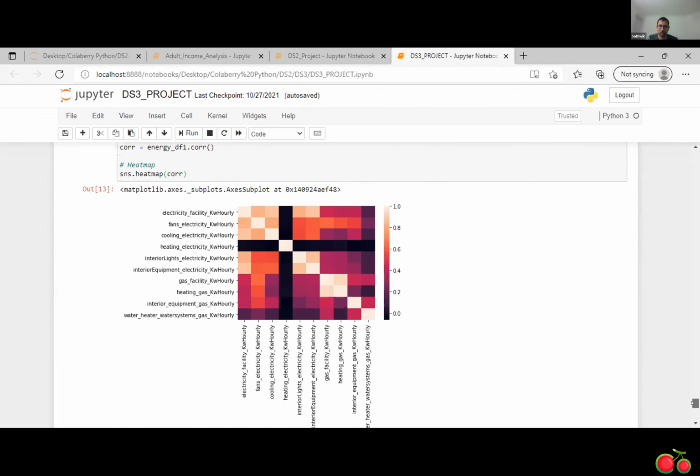I'll tell you why. The first reaction that I had was that heating electricity kilowatt hour has no correlation with any of the variables, and that's what you can identify from the plus symbol here. Pretty much the black colored plus symbol.